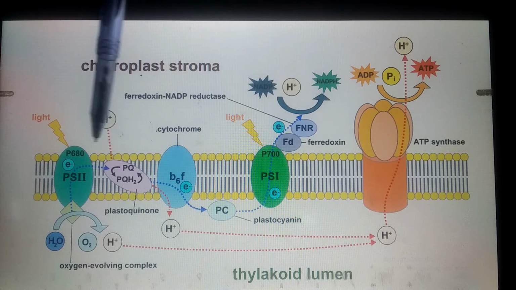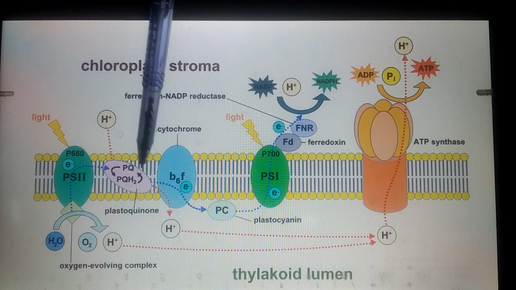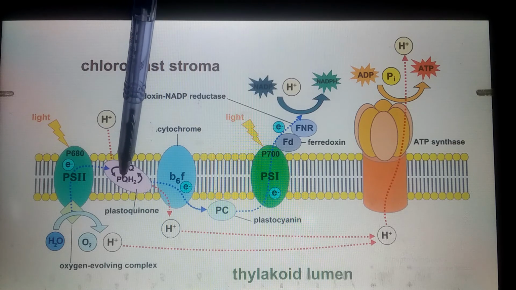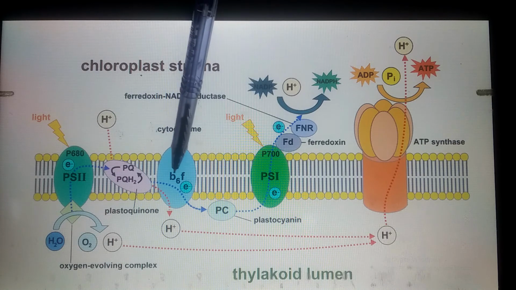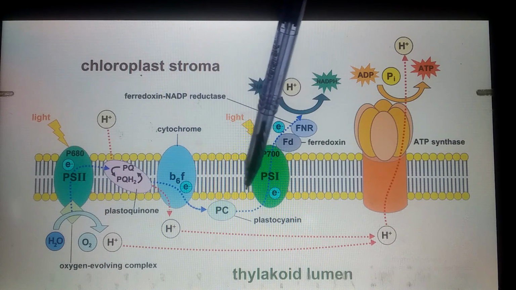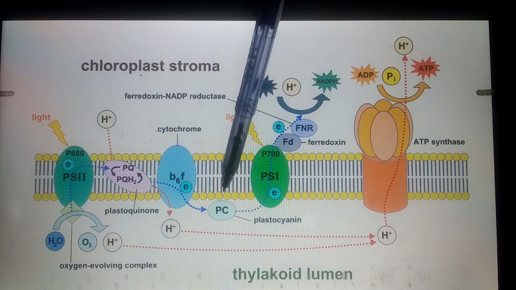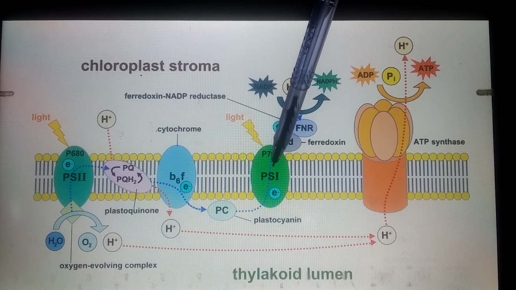Now, you can see here this is photosystem 2, and from photosystem 2 electrons move towards the plastoquinone, and then from the plastoquinone electrons move towards the cytochrome complex, and from the cytochrome complex move toward the plastocyanin, and from the plastocyanin electrons transfer to photosystem 1.